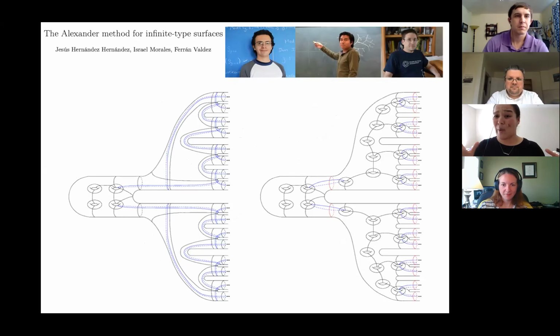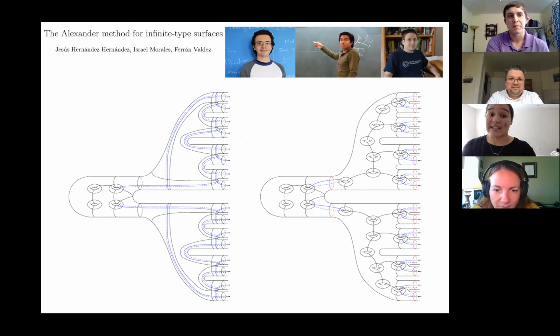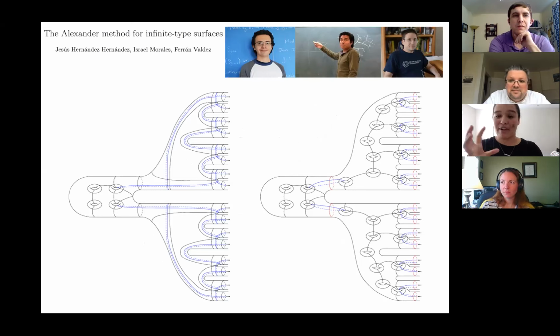Here's some even more wild ones. This is coming from this really great paper on the Alexander method for infinite type surfaces, which we'll actually talk about a bit later. This is a paper of Jesús Hernández, Israel Morales, and Ferrán Valdez. And here they're building a very specific curve system on their surface.